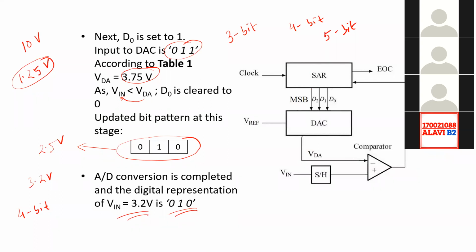So if the number of bits is increasing, the computational time or the execution time will also increase for each number of bits that you are going to increase, because in each cycle it is going to check only 1 bit, and successively it is going to go for the remaining bits as well. So the slower execution time for higher number of bits could be one of the disadvantages for this particular design.